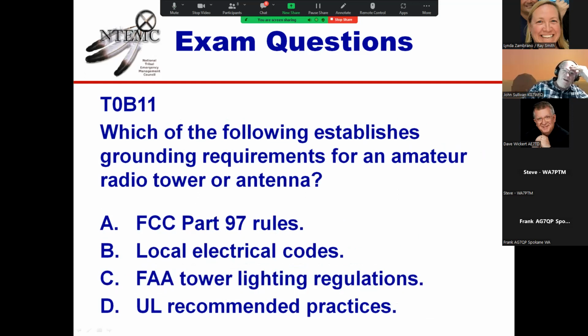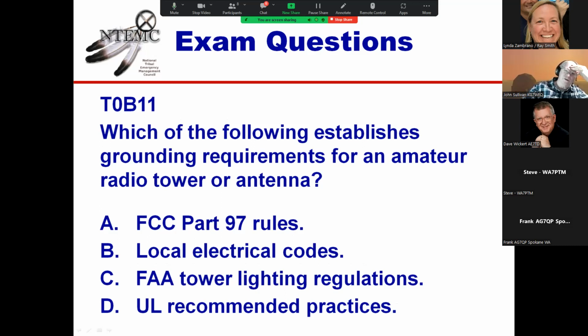All right. Which of the following establishes grounding requirements for an amateur radio tower antenna? This one is a little tricky because a lot of these answers would seem like they might be right. You would think, since it has to do with ham radio, FCC Part 97 rules would apply, but they don't address it. FAA tower lighting regulations: that's just aircraft safety so they can see it.